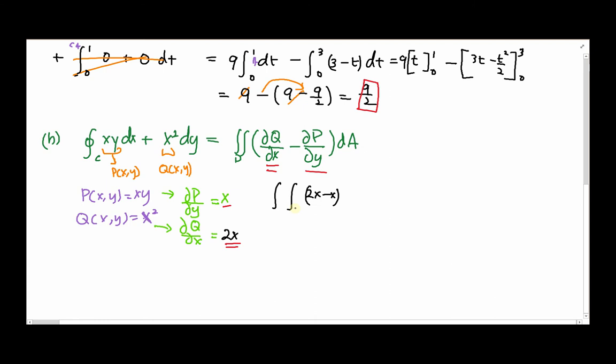So this was 0, 3 and 0, 1. I'm going to have dy dx, it doesn't matter, you can always switch if you want. dy goes from 0 to 1.